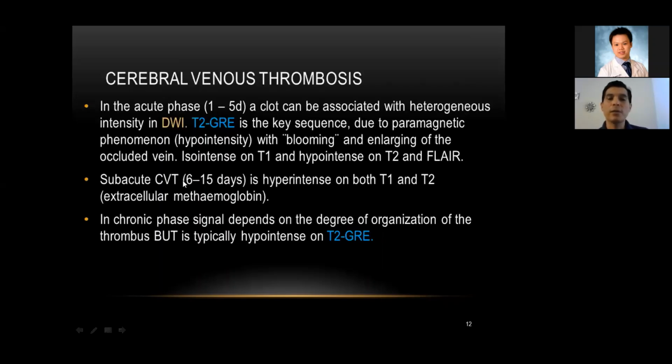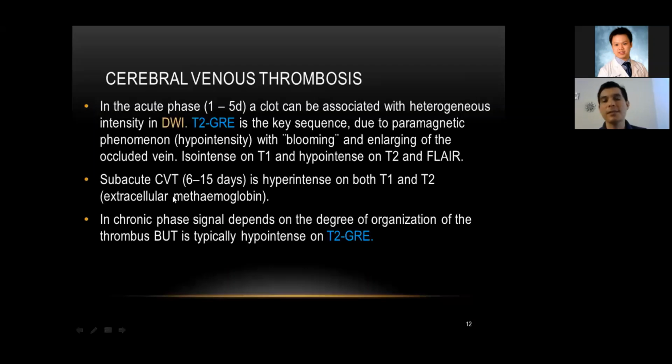In the subacute stage of CVT, 1 week or 2 weeks after the hemorrhage, the thrombus is hyperintense on both T1 and T2. And this phenomenon occurred because of extracellular metahemoglobin.